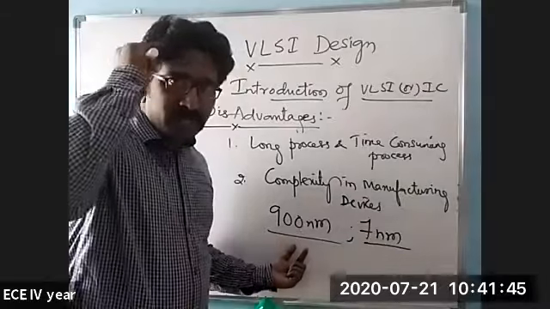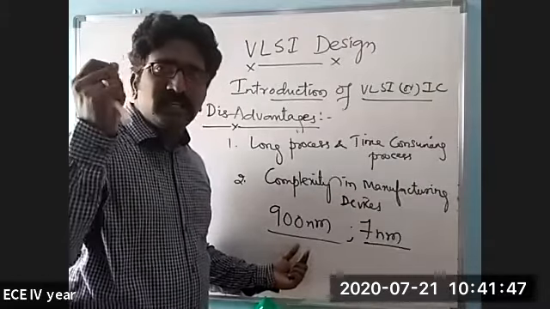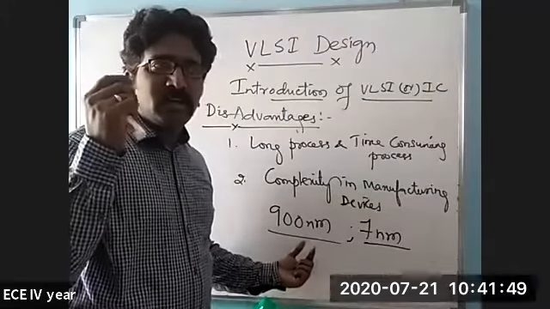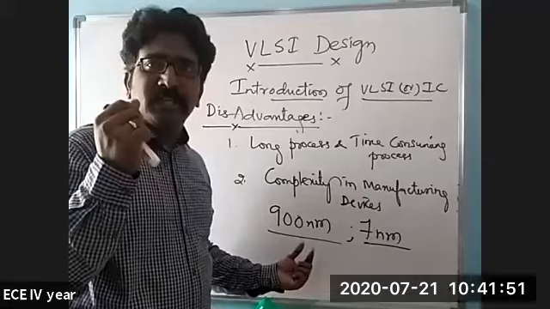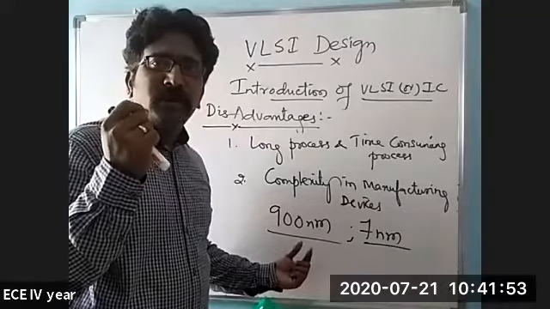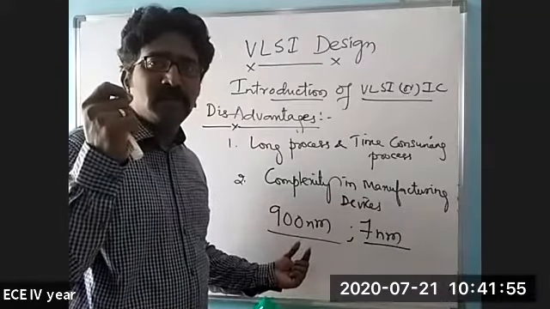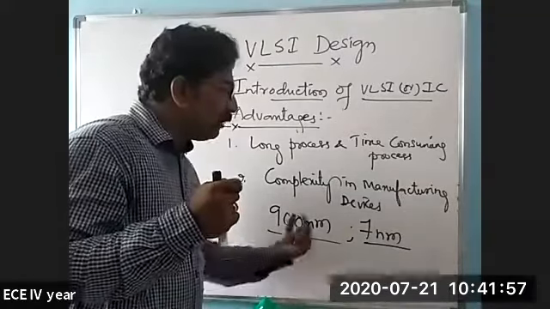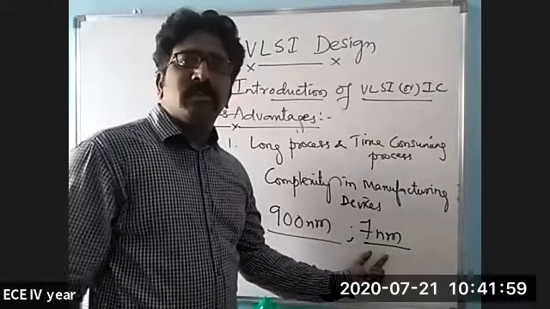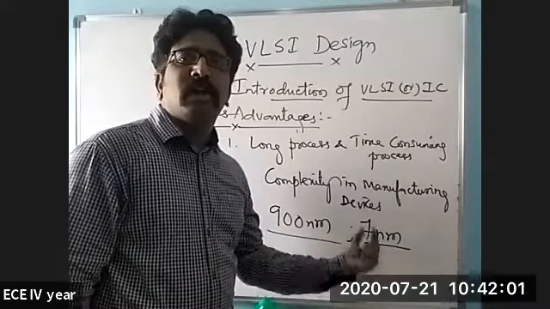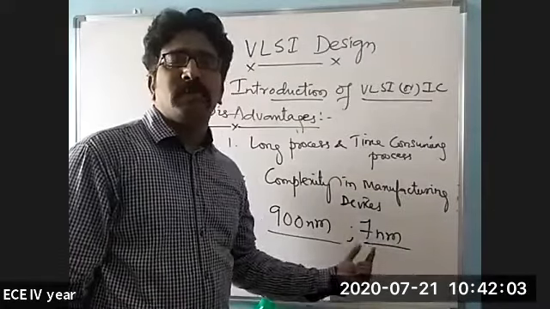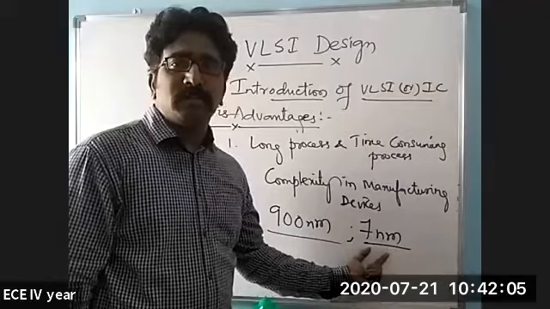If you hold a hair, we can say that it's very thin, very small. But the size of that particular hair which we are talking about is 900 nanometers. Now the electronic devices which are being manufactured are at 7 nanometers.